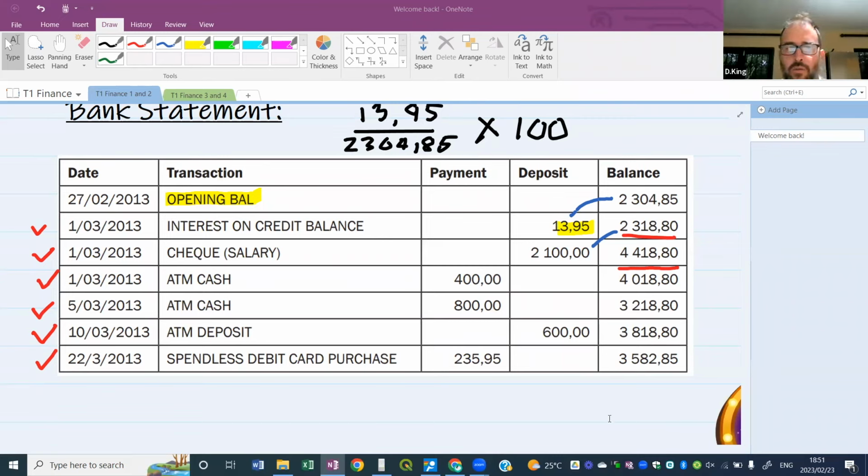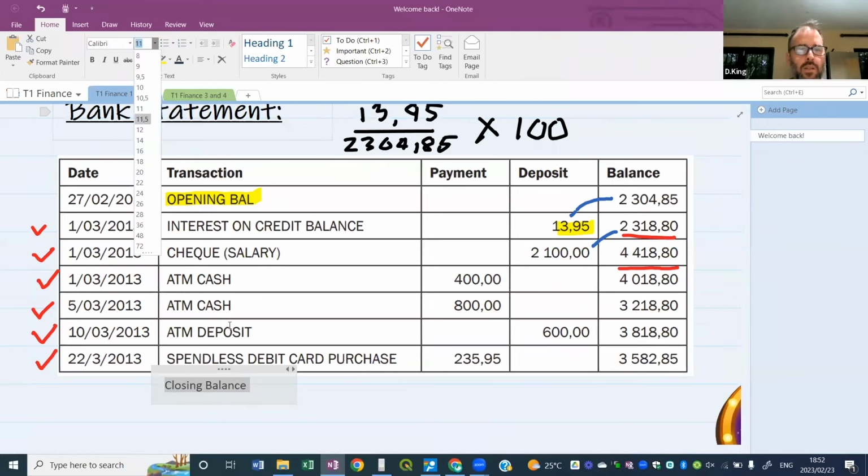So if we ended the statement here, then we should have a new line at the end called closing balance. I'm going to create my own line here. It's called closing balance. Let's make the text a little bit bigger, let's make it 18.